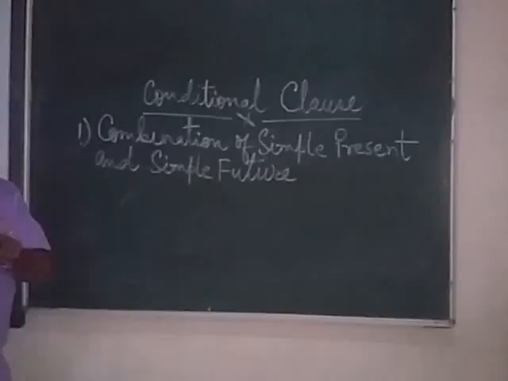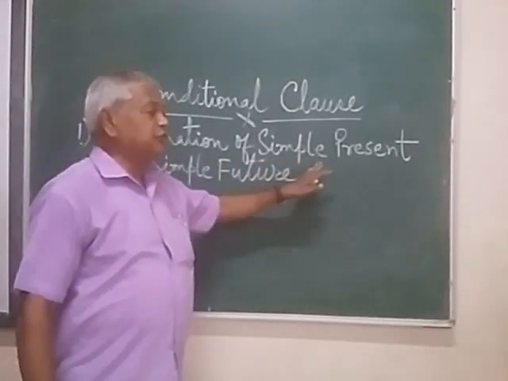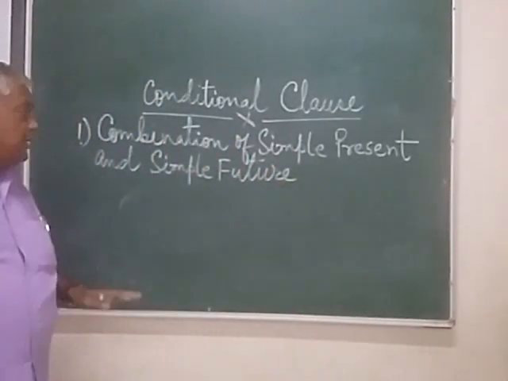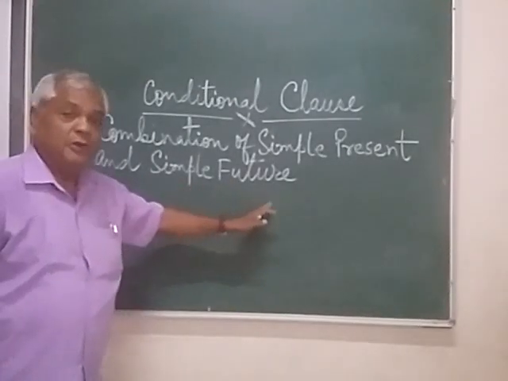So, two sentences. I always told you that a conditional sentence will have two sentences. One sentence will be from the simple present and another sentence will be of simple future.